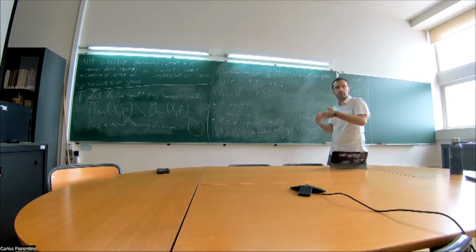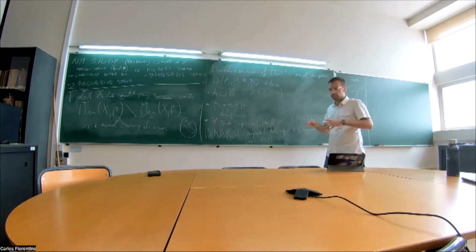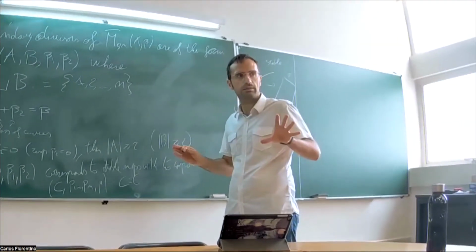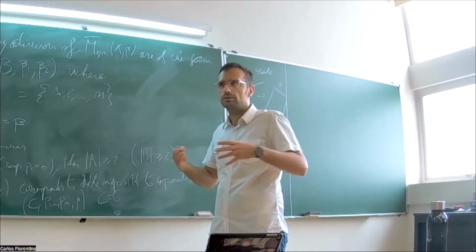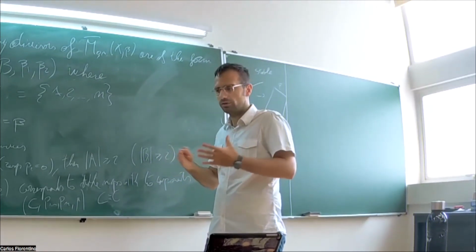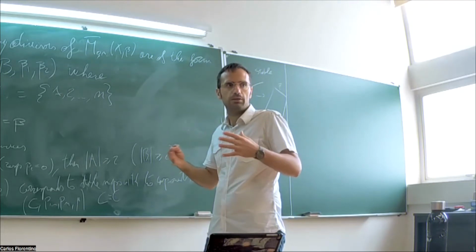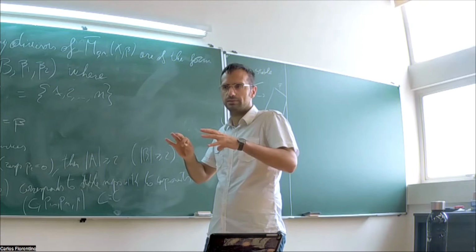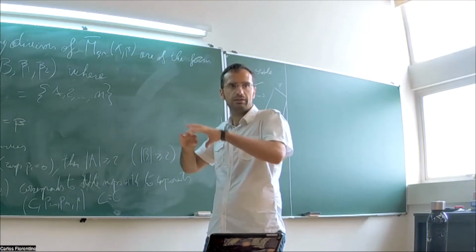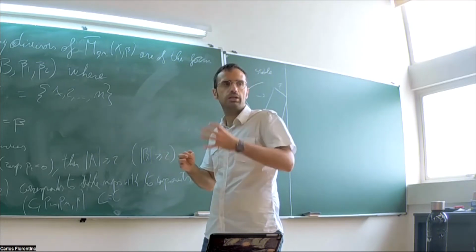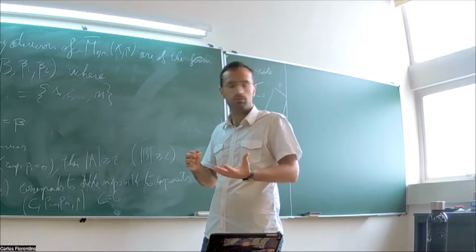It may have more than two components, but for the moment, well, it's always connected. So if it has as many components as we want, we can always suppose that it has two. Eventually, each one is not reducible.